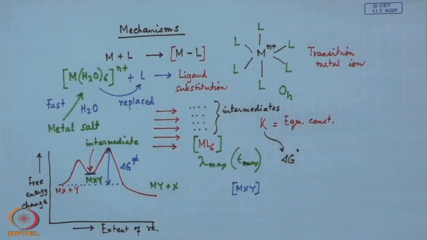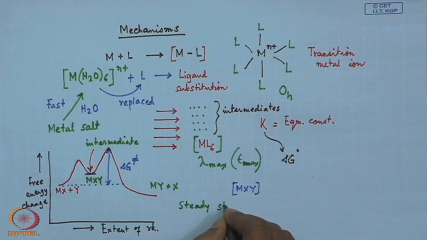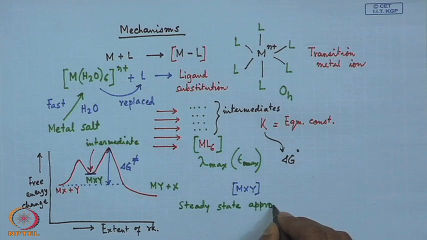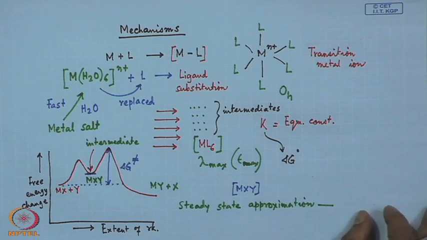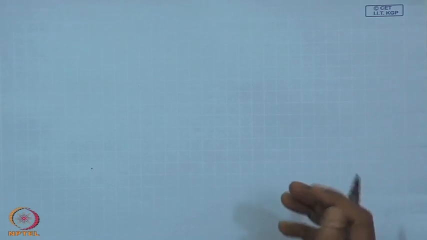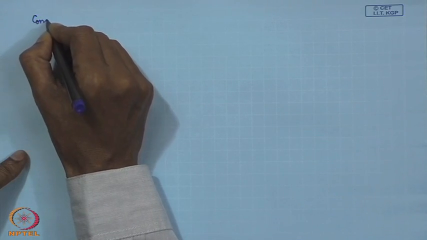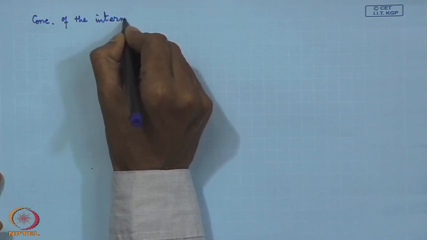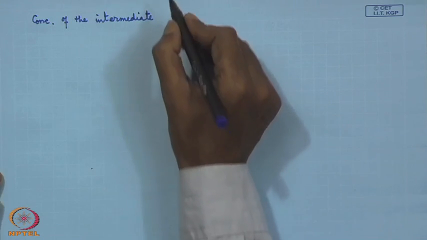So, we can have a steady state approximation, where we consider the concentration of the intermediate, which is assumed to be small.